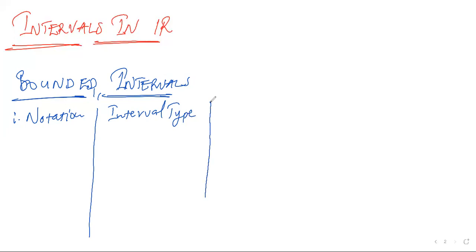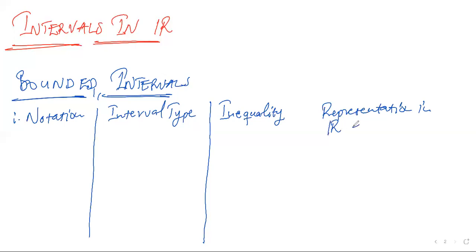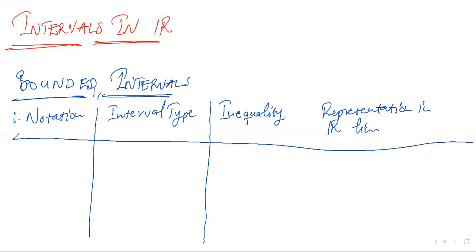Then the other one is the representation in inequality form, and the representation in the real number line. And then we can have a straight line dividing them.